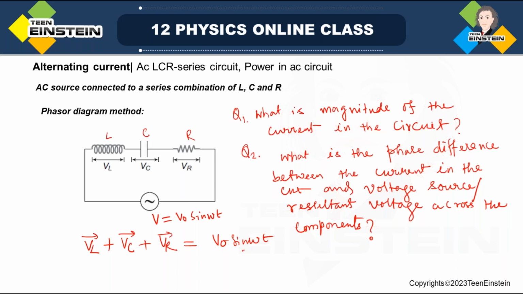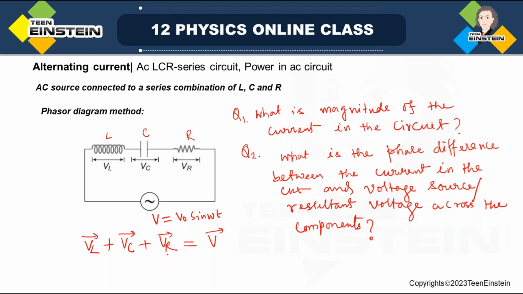So this we can write readily from the circuit itself using Kirchhoff's law. Okay, I can just take this as vector.